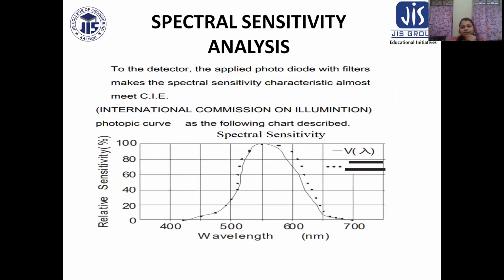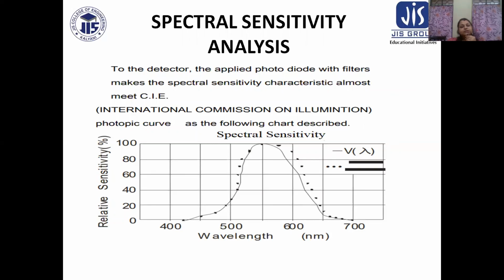Now spectral sensitivity analysis. In my previous lecture video, I have discussed the spectral sensitivity. So here the spectral sensitivity analysis of the lux meter is given. The detector applies a photodiode with filter.